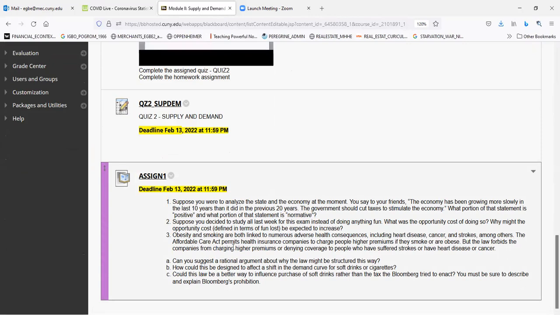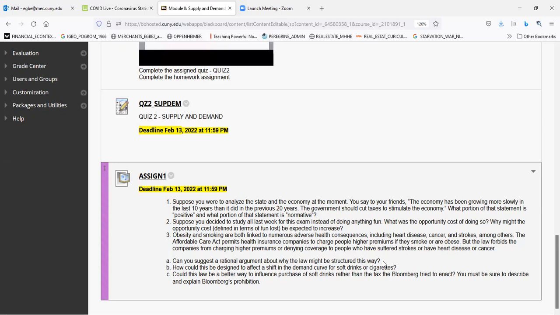The Affordable Care Act permits health insurance companies to charge people higher premiums if they smoke or are obese. But the law forbids companies from charging higher premiums or denying coverage to people who have suffered strokes or have had heart disease or cancer. Now, what is a rational argument about why the law might be structured in this way?